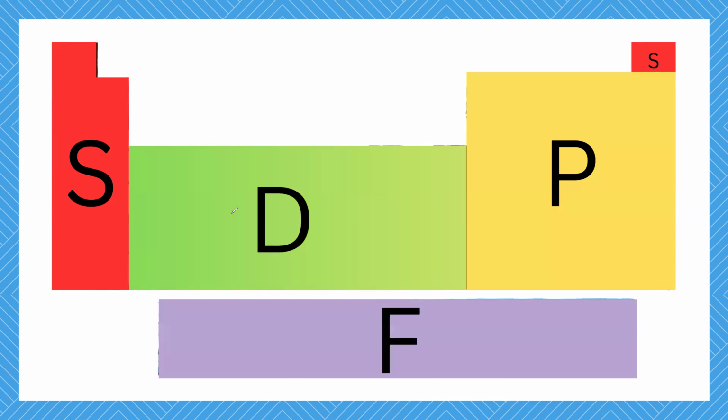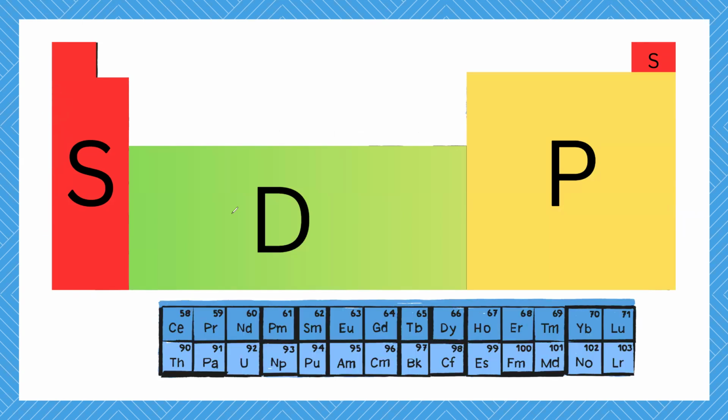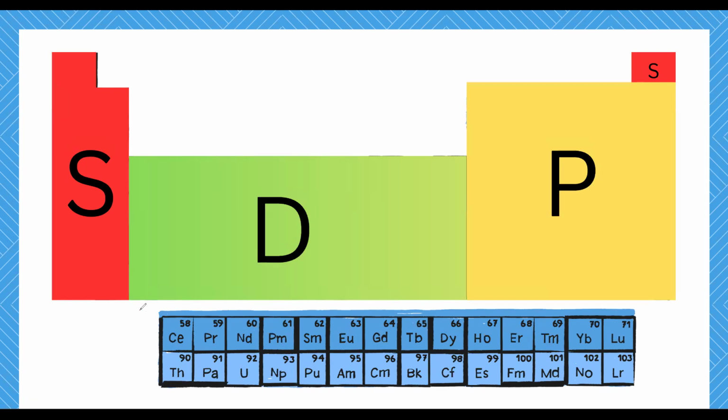After the d subshell, we have the f subshell, which is the final one. And over here, that's where we have the big boys. We call them the lanthanides and the actinides. You can see them located over here. These are the elements located in the f block of the periodic table.